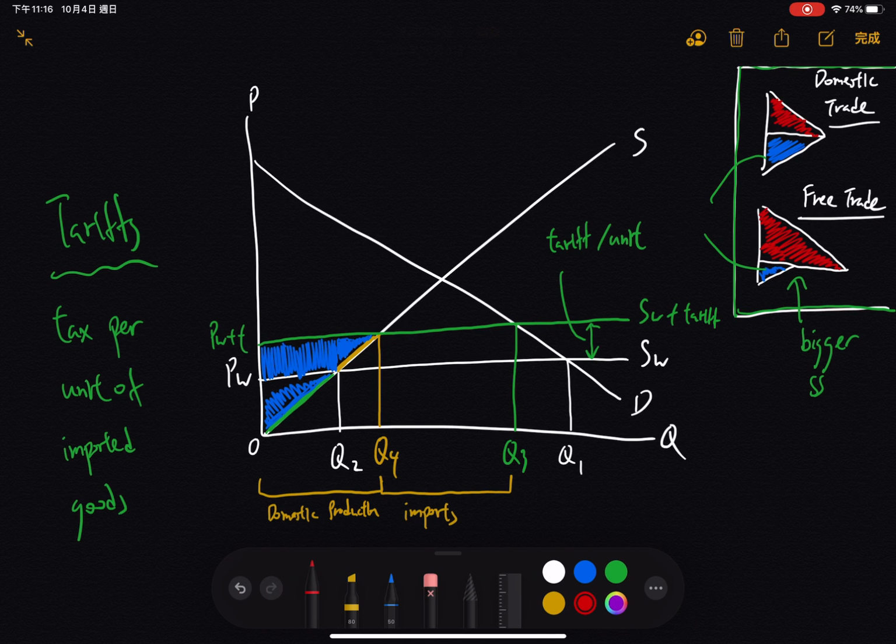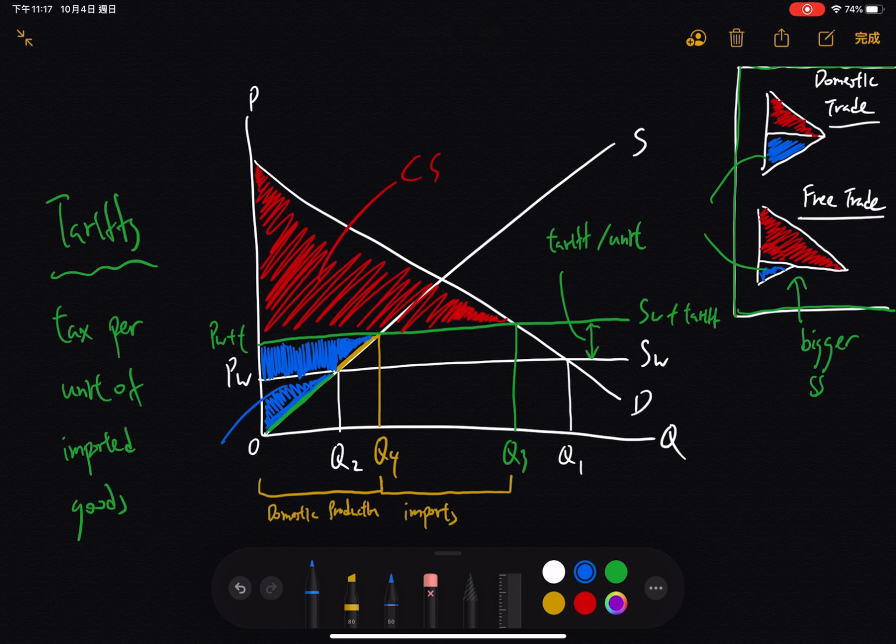Using the concept of drawing CS, it starts from the top all the way to the price they are actually paying right now, which is PW plus T, and to where they are consuming, which is at Q3.